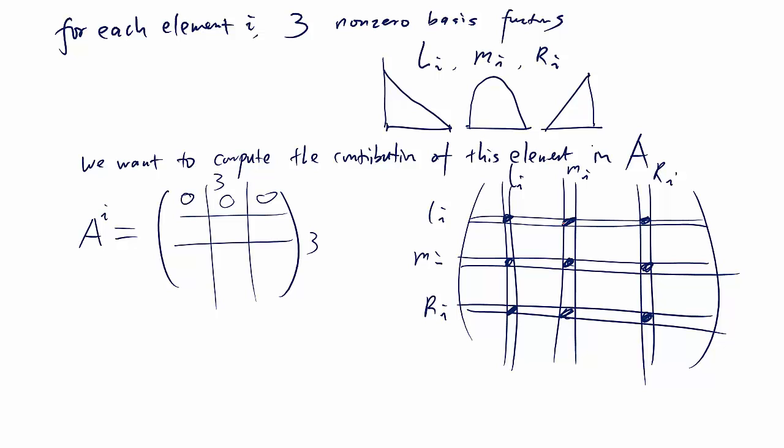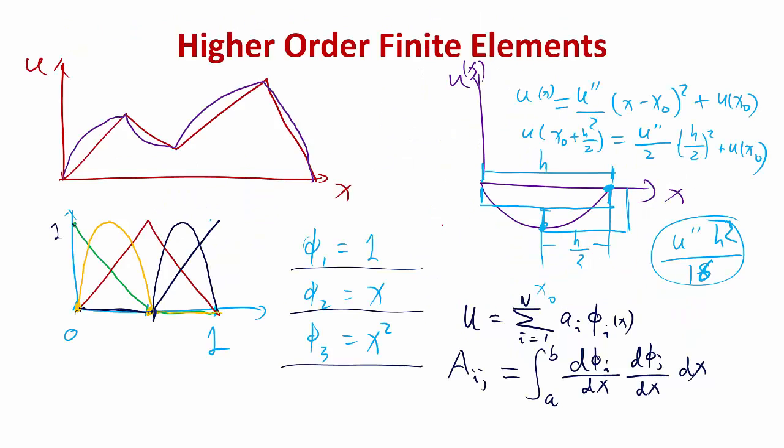Once we loop over all the elements and compute the contribution of each element into the big matrix, then we have formed the big matrix. Does it make sense? This is because the integration can be split into a summation of integration over each element, right?